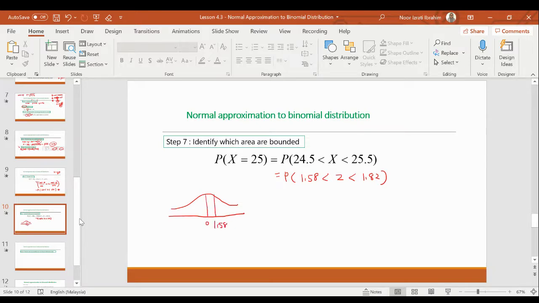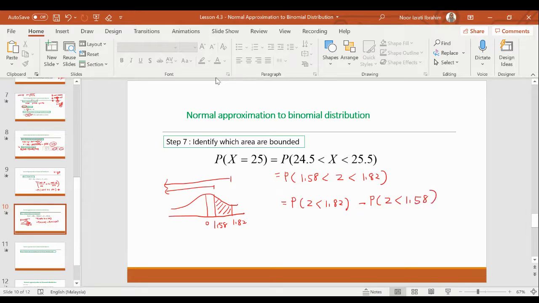Here is 1.58. Both are on the right side of 0, and this is the area. So this is equivalent to from 1.82 to the left, probability when Z less than 1.82, minus from 1.58 to the left, probability when Z less than 1.58.